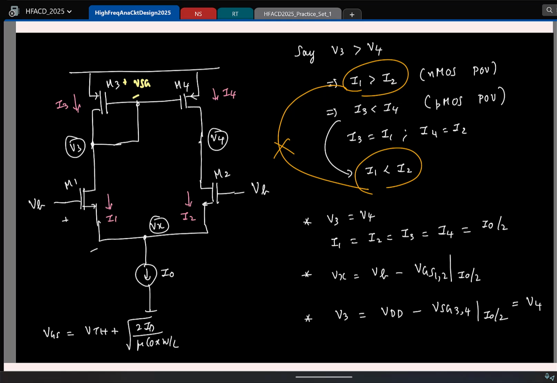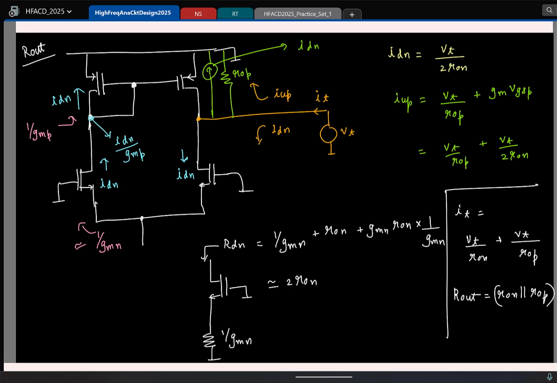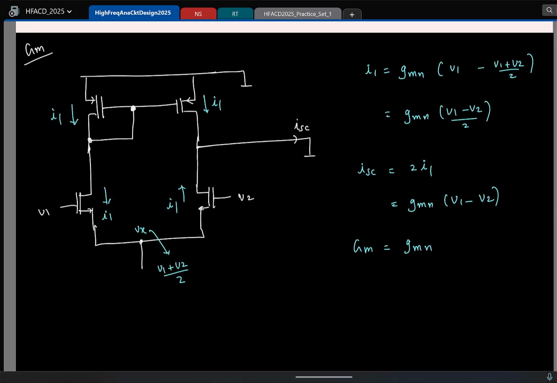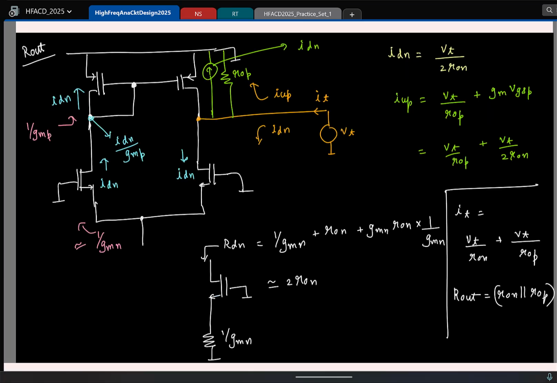Then we found the short circuit GM and R out for this. The short circuit GM was essentially GM of the NMOS transistor, which should not be surprising, and the output resistance was R0 of NMOS parallel to the R0 of PMOS, approximately. But this doesn't necessarily mean that looking up it is R0 of PMOS, and looking down it is R0 of NMOS.